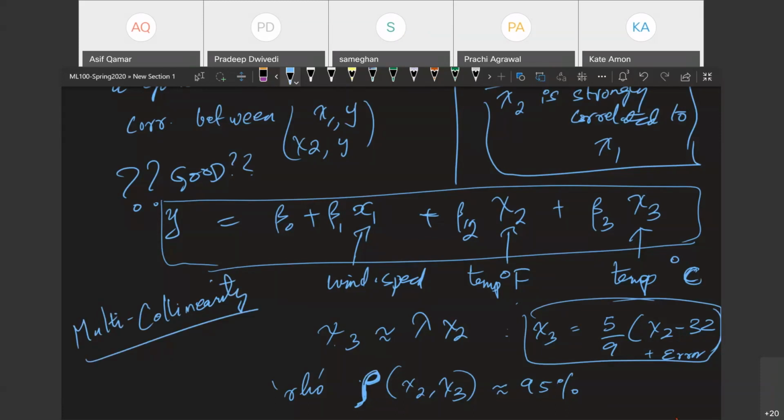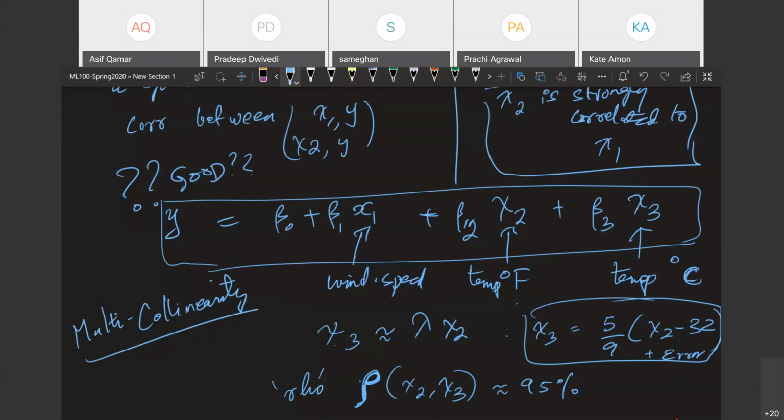Would somebody like to rephrase it for me? What does it mean to have, amongst the predictors telling what is the sale of ice cream on a beach, two predictors that exhibit multicollinearity? What does that mean? One is a linear transformation of the other.